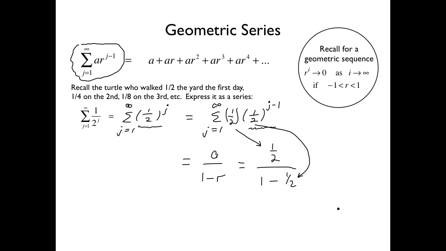So we proved on the previous slide that if you have a convergent geometric series, all infinitely many terms summed together will sum up to a over 1 minus r. So we get 1/2 over 1/2, which equals 1. So the sum of this series is the number 1.